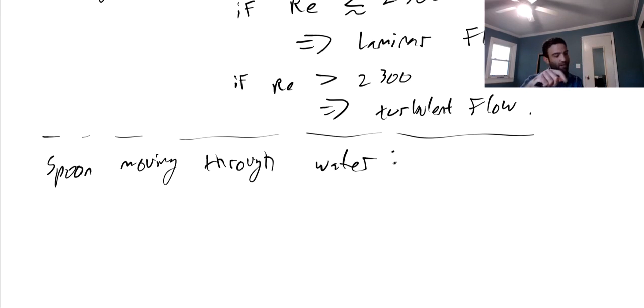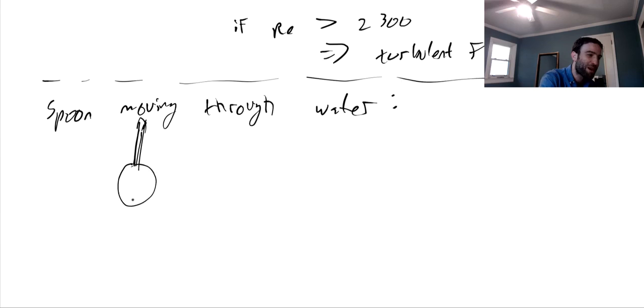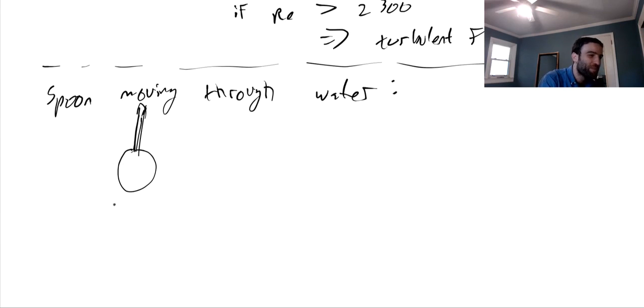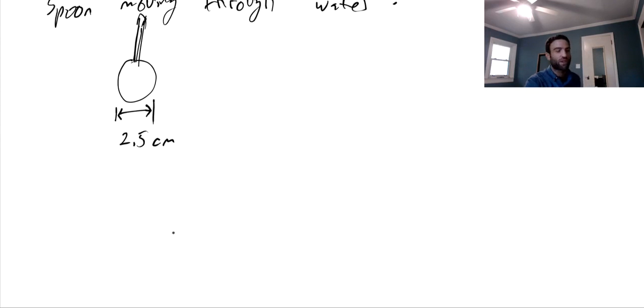If I think about the fat part of a spoon, I've got some blob like this. This looks more like an upside down lollipop, but you get the idea. And the diameter of this spoon, if I just think about what I have in my kitchen, has a width of maybe 2.5 centimeters.